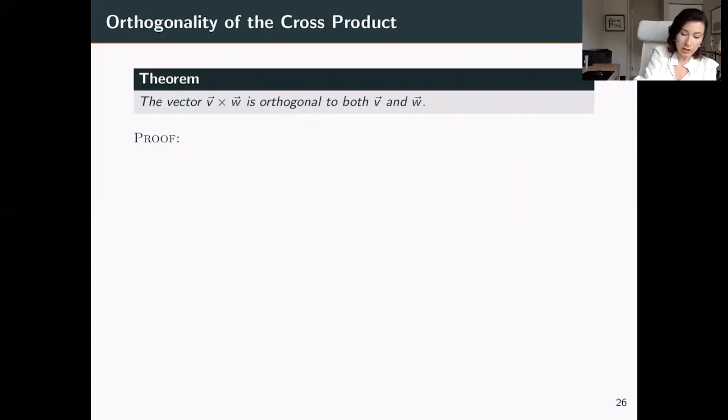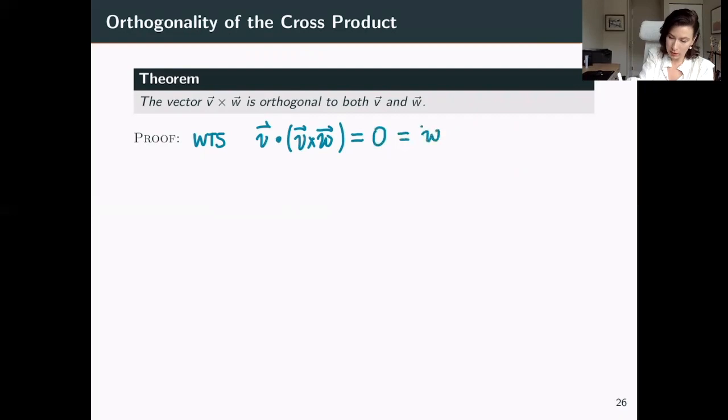So what we want to show is that we have v dotted with v cross w. We want to show that that is equal to 0, and it's also going to be equal to w dotted with v cross w. That is, that the vector w is orthogonal to v cross w, as well as the vector v being orthogonal to v cross w.